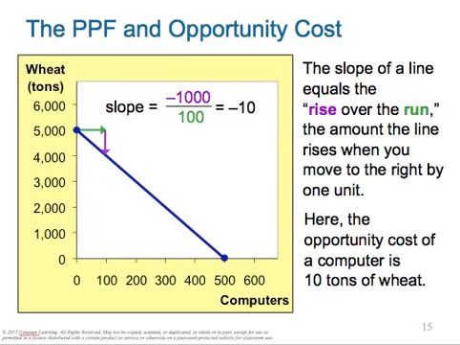Here, the rise is a negative number because you move to the right and the line falls, meaning the wheat output is reduced. The slope of a line equals the rise over the run. Very simple slope calculation here: the amount the line rises when you move to the right by 1 unit. Here, the opportunity cost of a computer is 10 tons of wheat.